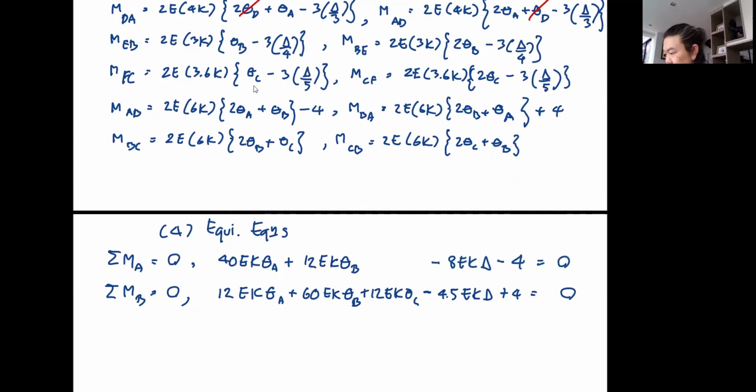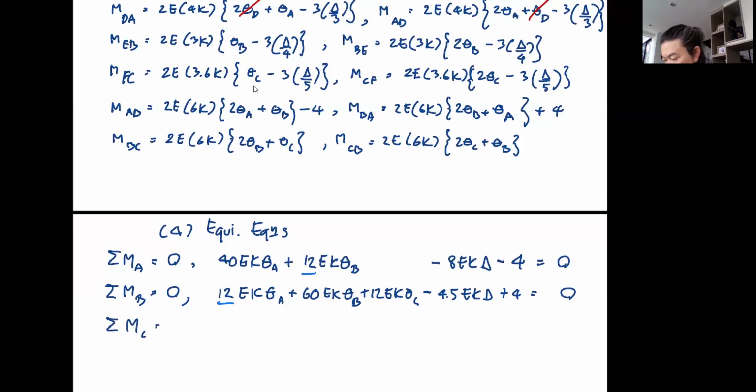Notice this. See, that's 12, that's 12. So it looks promising, right? Because you can now see that your sigma MA equal to 0 doesn't have theta C. So you can bet that your sigma MC equal to 0 shouldn't have theta A, since that's joint C. So it's just going to be equilibrium for the stiffness matrix, at least for that term.